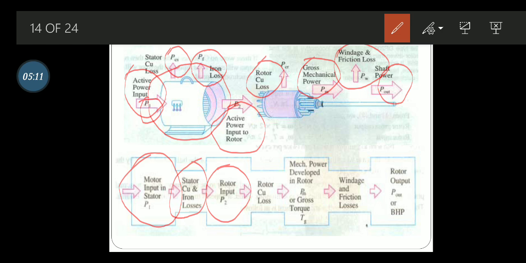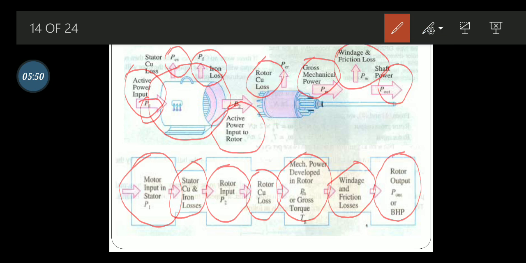So due to this rotor input, you will get the rotor copper loss, and the rotor output, which is represented as the gross mechanical power developed in the rotor, that is P suffix m. Then the output of the rotor is introduced into the shaft. So whatever be the shaft output power, that is the power output of the motor. So then obviously in between this, the windage and friction losses, that is the mechanical losses, will be observed.